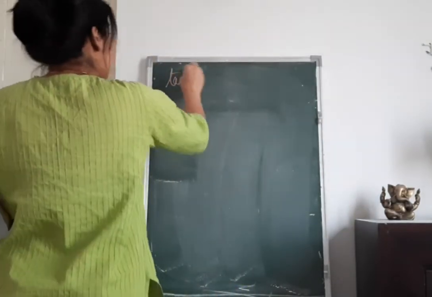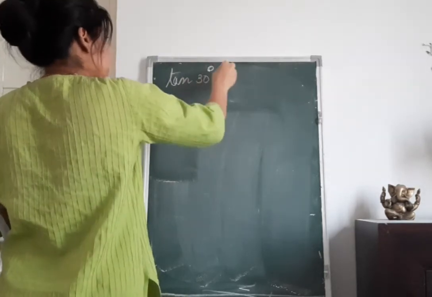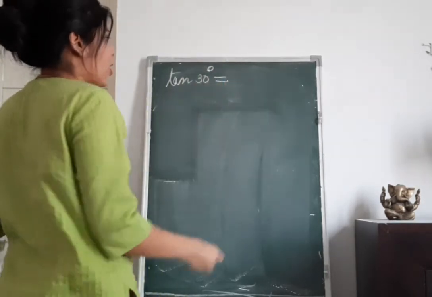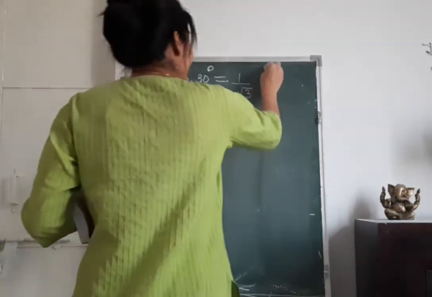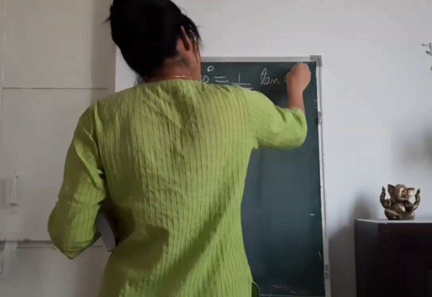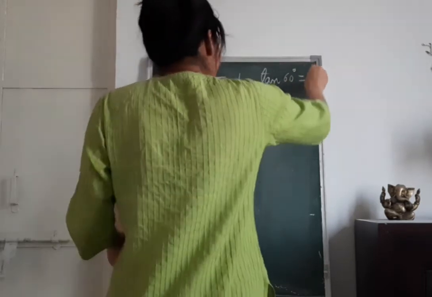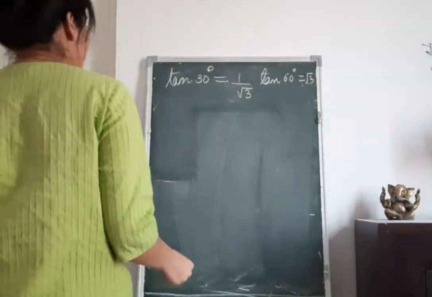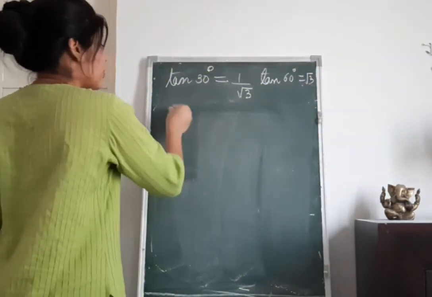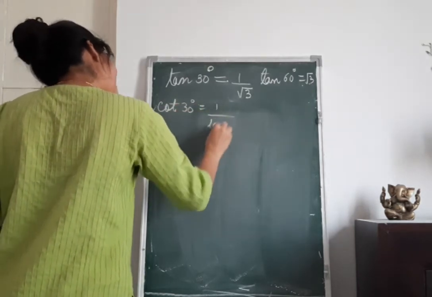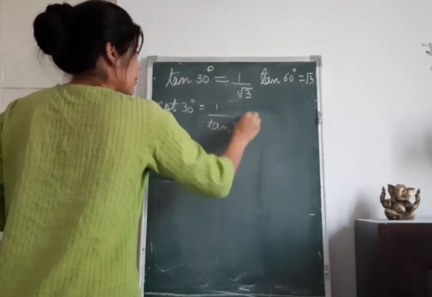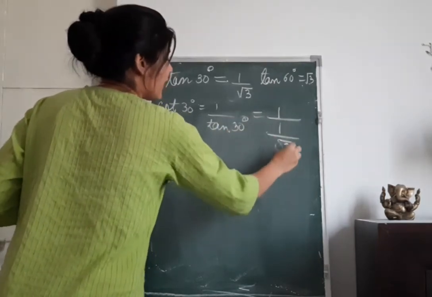Now see, tan of 30 degrees is equal to what? Tan 30 is equal to 1 upon root 3, and tan 60 degrees is equal to root 3. Now cot of 30 degrees is 1 upon tan of 30 degrees, that is 1 upon 1 by root 3.